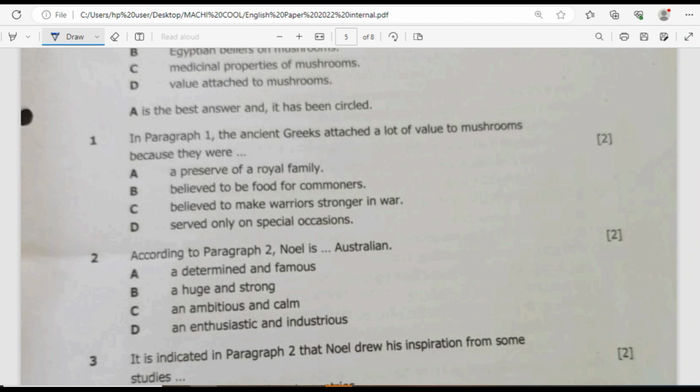Question 1: In paragraph 1, the ancient Greeks attached a lot of value to mushroom because they were, on the answers: a preserve of a royal family, believed to be food for commoners, believed to make warriors stronger in war, served only on special occasions.